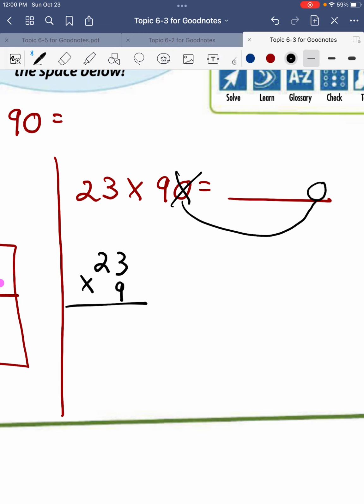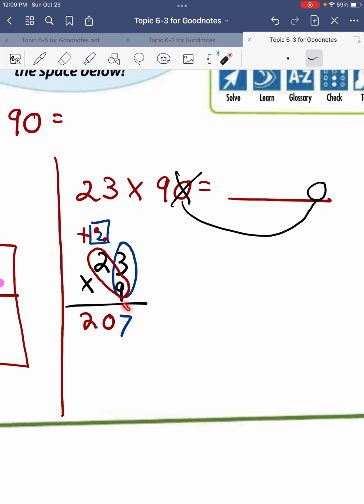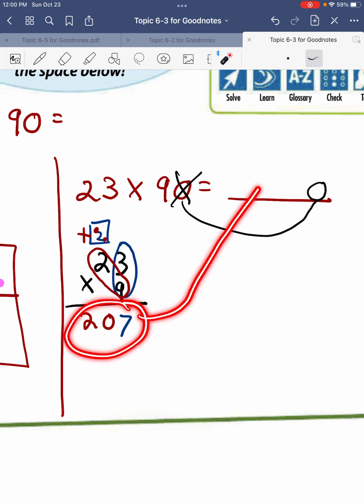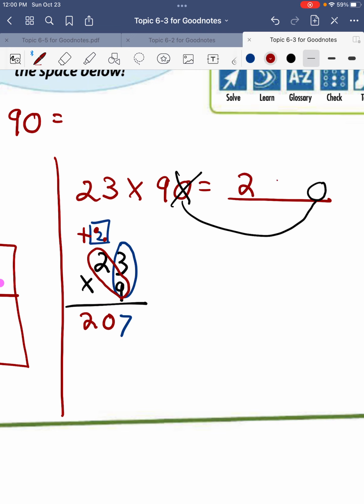And so when I multiply, 9 times 3 is 27, carry my 2, drop my 7. 9 times 2 is 18, plus 2, 19, 20. Okay, and then all I gotta do is take this and carry it over here. So I have 207, put my comma, and I get the same exact answer, 2070.